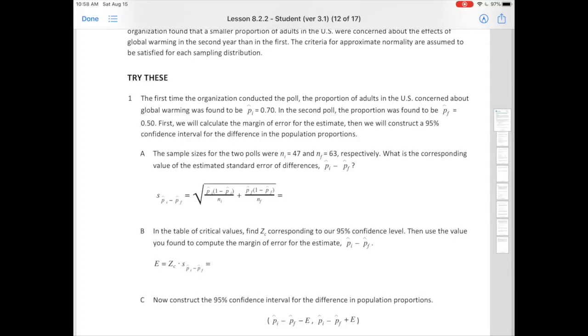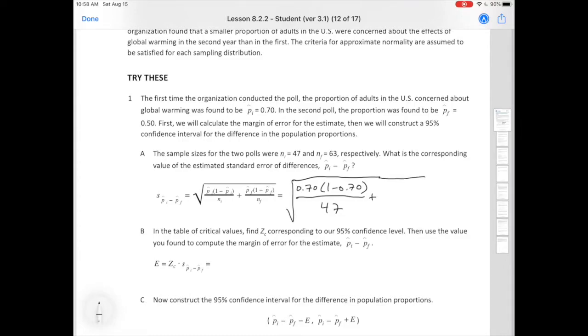So we need to plug everything into this formula, right? So what are we going to plug in? Remember, we have a square root here. p̂_I is 0.70 times 1 minus 0.70, divided by the number in that sample, n_I, which is 47 according to the problem.